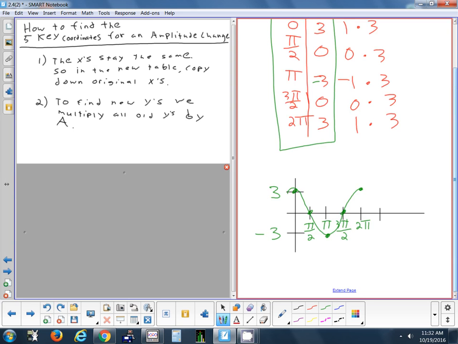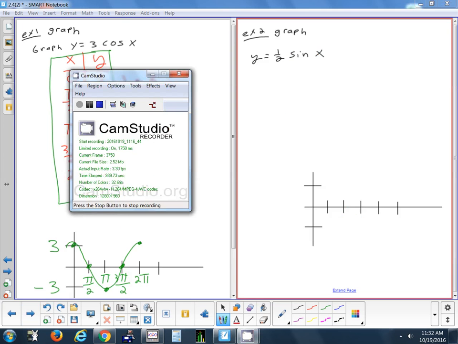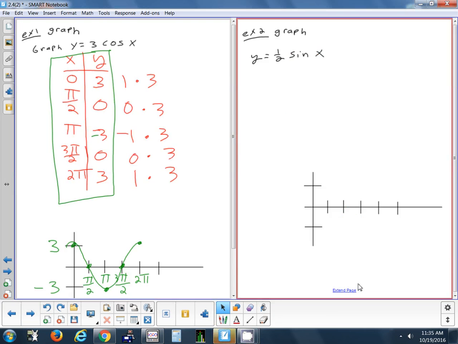All right, so why don't you guys try that one on your own. Okay, 1/2 sine x. See if you can get your table, make your sketch, and then I'll come around and we'll go over it together. All right, so this one, 1/2 sine x. It is an amplitude change.